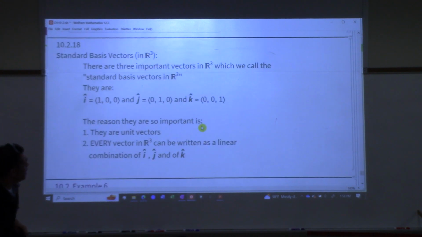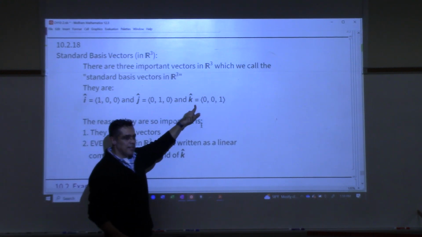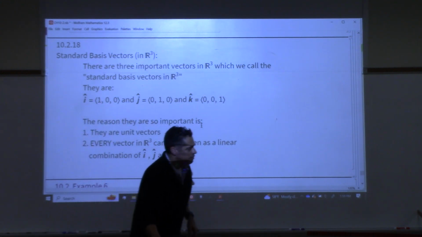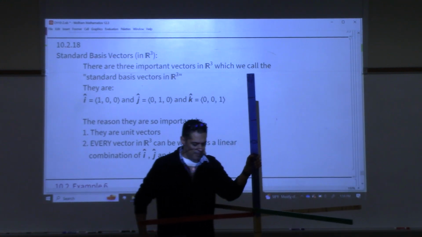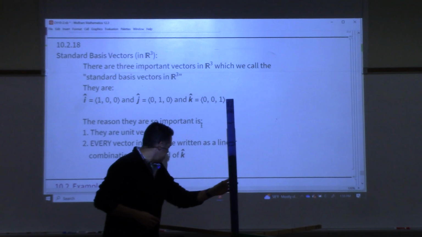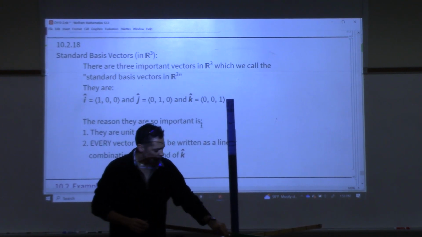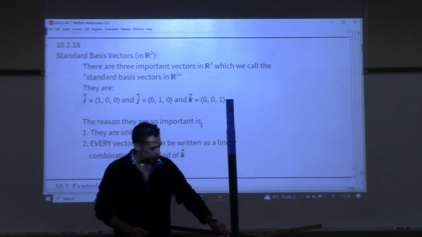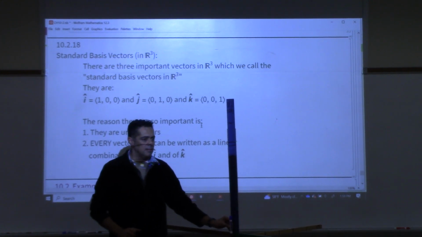In R3, we have three vectors: i hat, j hat, k hat, and they are right here. If you can see that, let's say this is a vector with length 1. That is i hat, that is j hat, that is k hat.